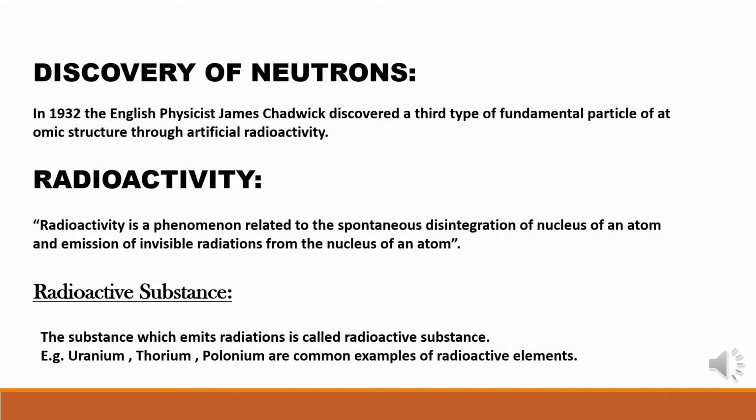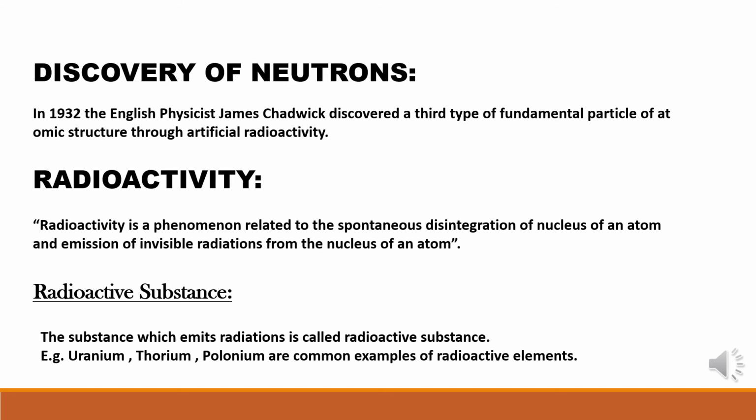Now what is spontaneous disintegration? It is basically the breaking up of the nucleus into many particles, and as the nucleus releases energy in the form of rays, those invisible rays are known as radiations.